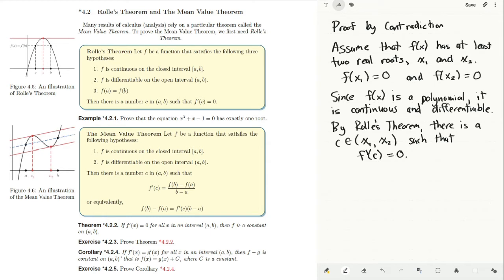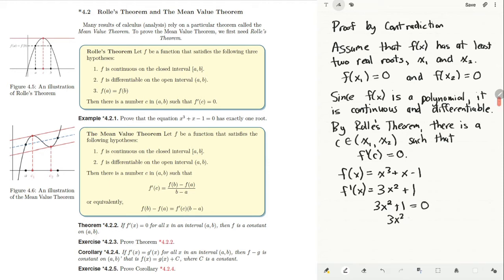And now let's try determining this value of c. So our function was x cubed plus x minus 1. And so its derivative is going to be 3x squared plus 1. And so by Rolle's theorem, it tells us that the derivative is equal to 0 at some point c. So now let's try solving for this point. We get that 3x squared plus 1 is equal to 0.